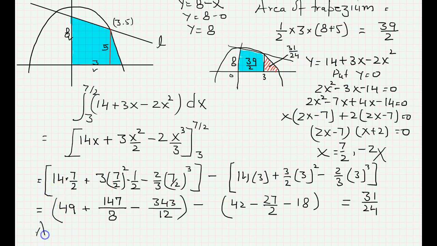So the area under the line and curve is 39/2 and 31/24. That is 31/24.